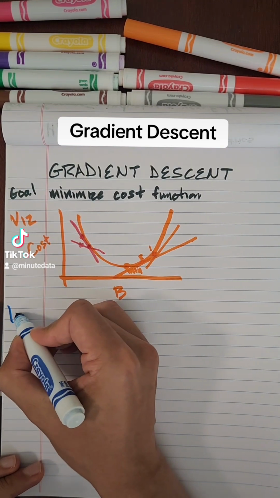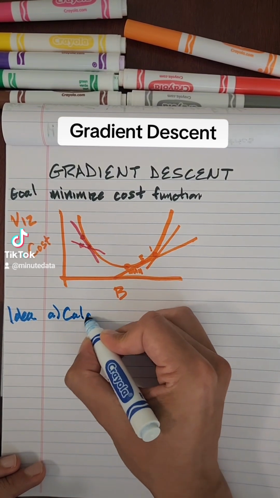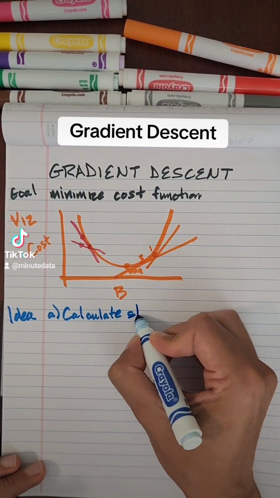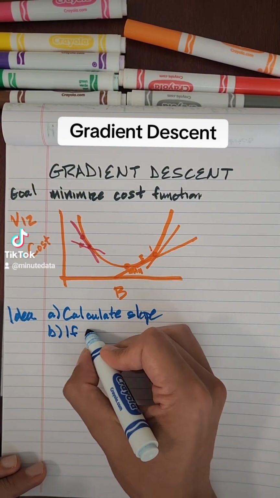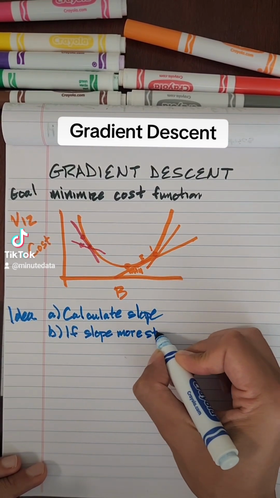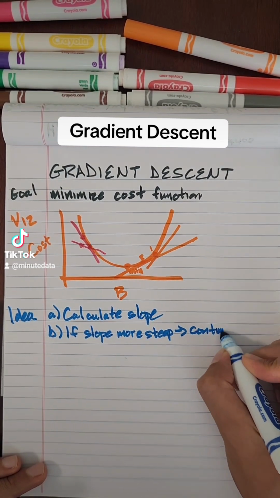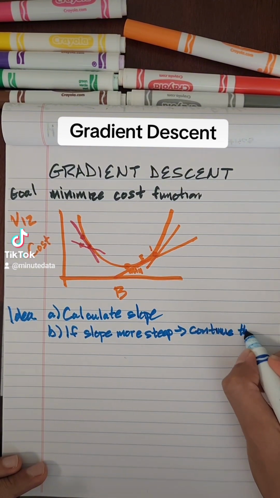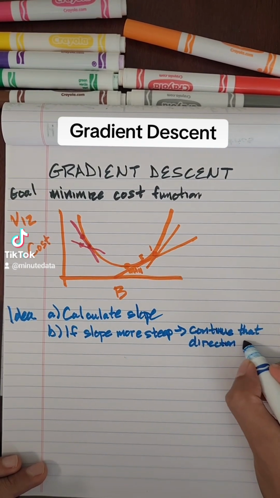So let's start with the idea. So first would be to calculate the slope, or the gradient. And then if the slope is getting more steep, continue in that direction with a larger step.